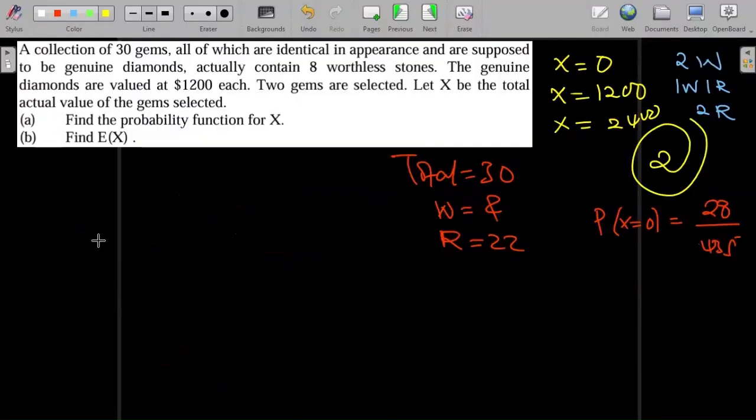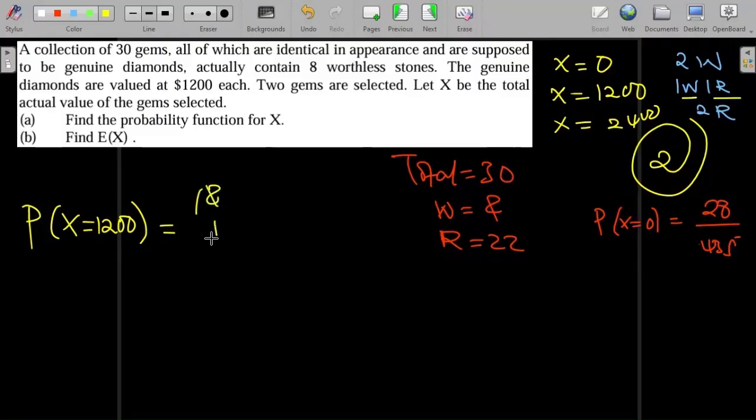All right, now let's find the probability of x is equal to 1,200. We are just from finding the probability that x is equal to 0, so now we go to the probability that x is equal to 1,200. This simply means we are selecting one worthless one and one real or genuine one.